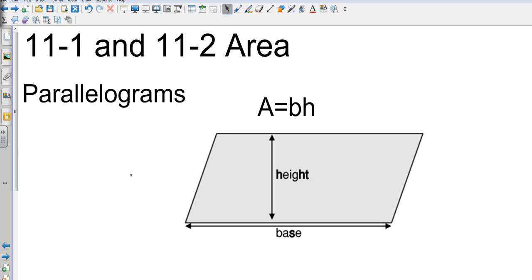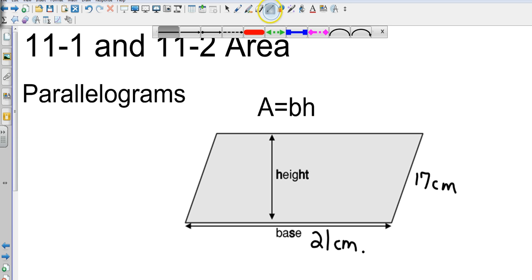So let's make an example problem of this. Let's say that this base is 21 centimeters. Let's say that the sides are 17 centimeters. And well, let's draw in this height right here.